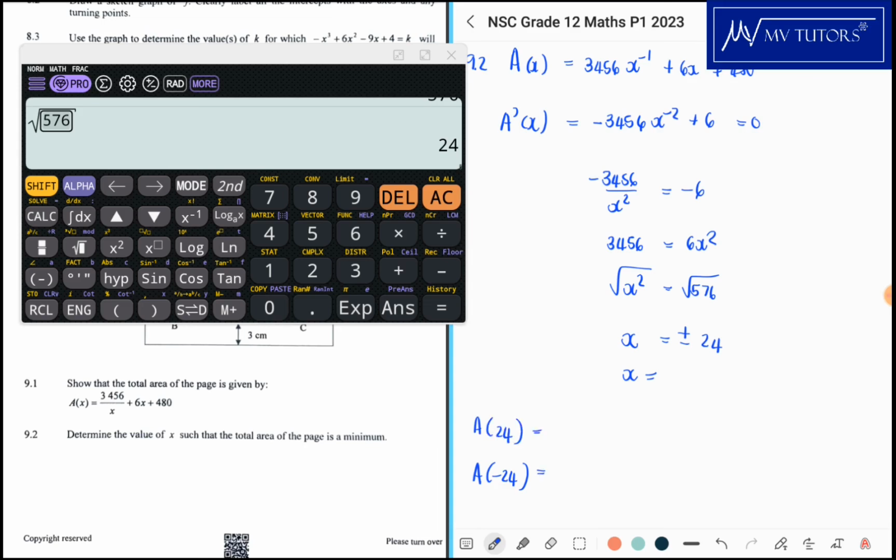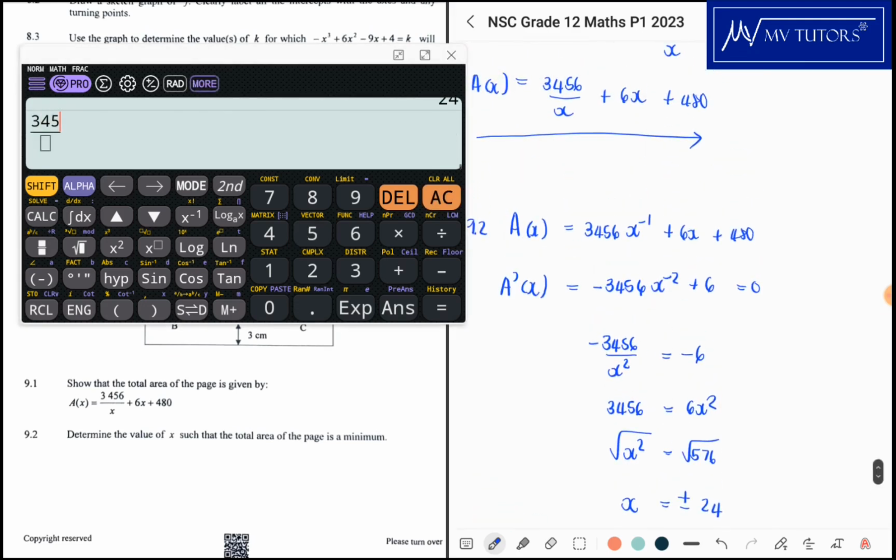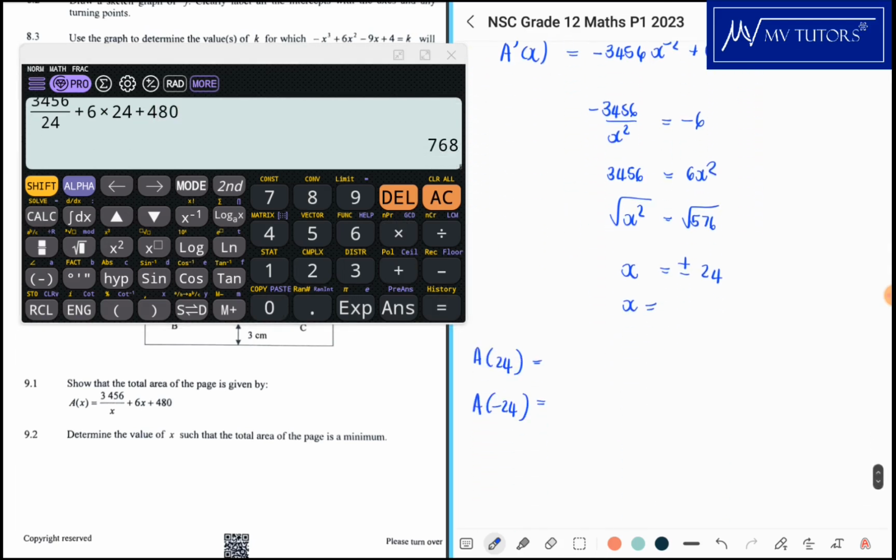Okay, so our area, like we said, it is 3456 over x, so let's say over 24, and then plus 6 times 24 plus 480, we get an area of 768 centimeters squared.